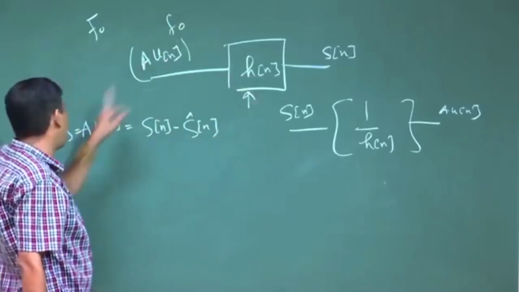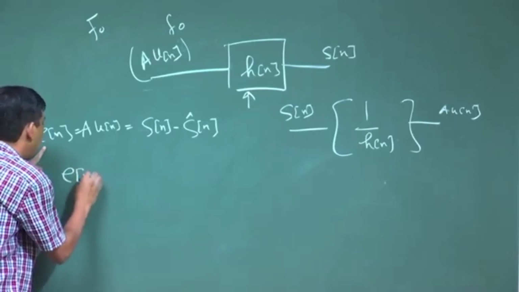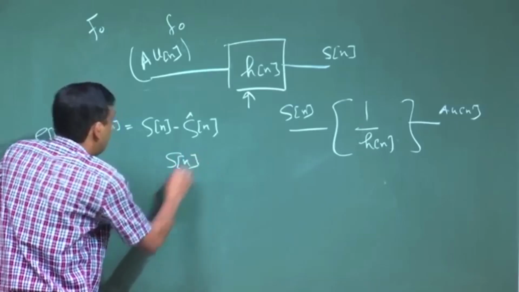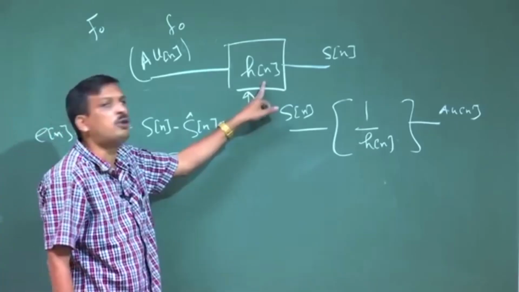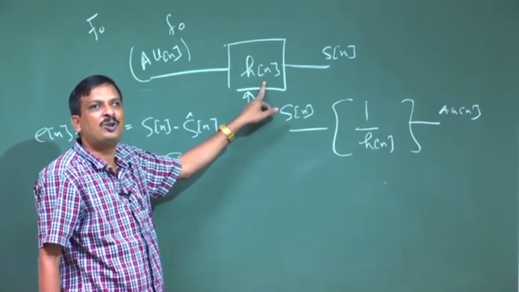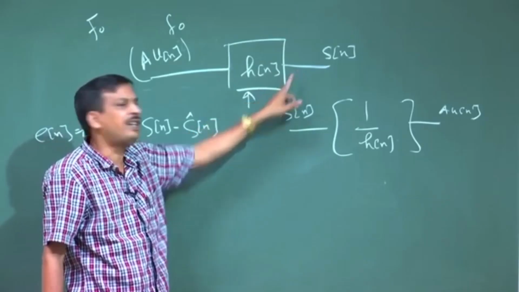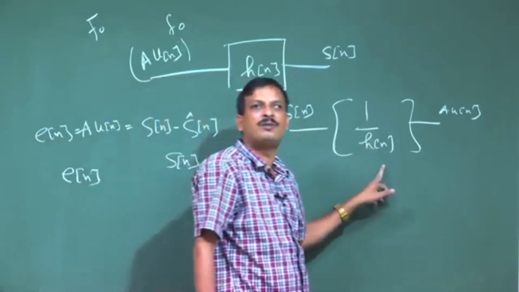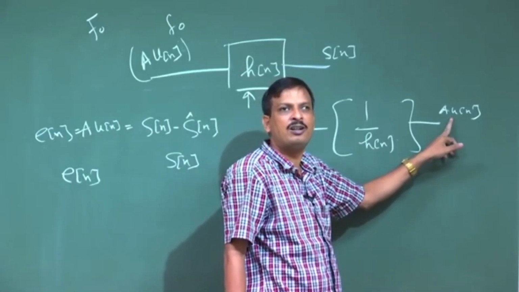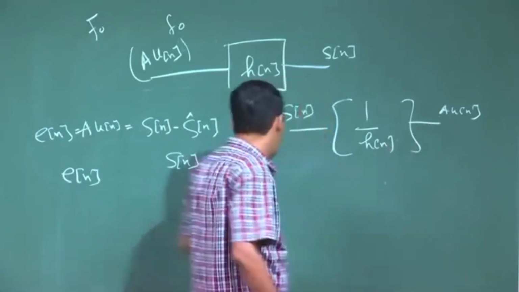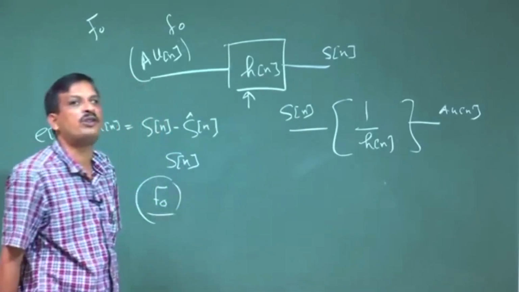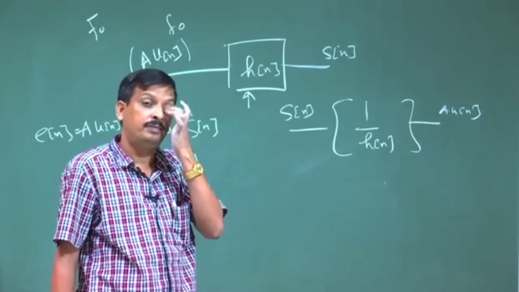So, I can extract the F0 from the e(n) signal, instead of using the s(n) speech signal, which has a lot of variation introduced by H(n). So, instead of taking s(n), I can pass s(n) through an inverse filter to get u(n), which is the error signal of the LPC analysis. From the LPC error signal, I can find the F0 value using autocorrelation. Is that okay?